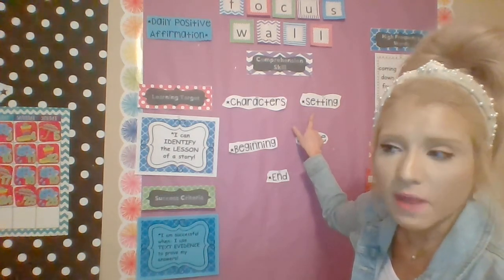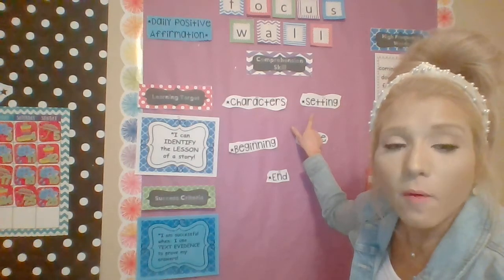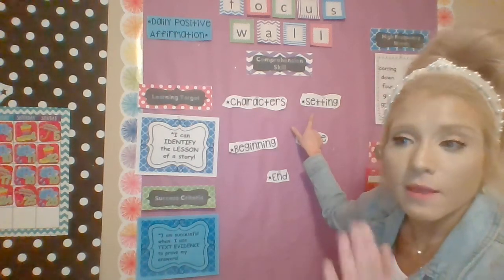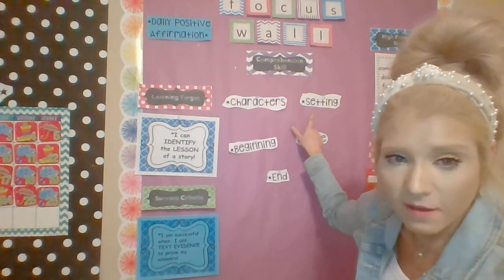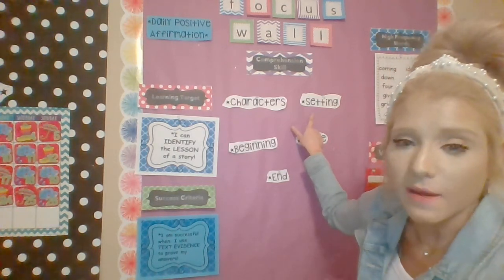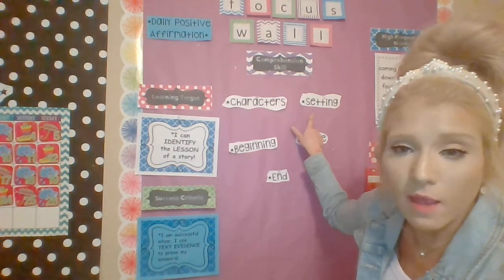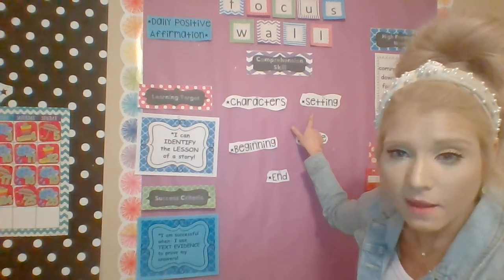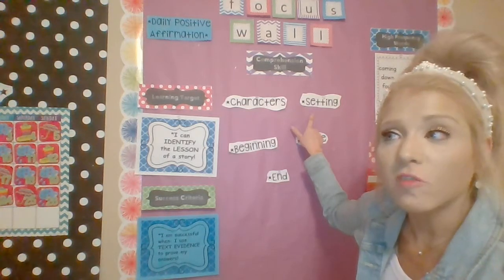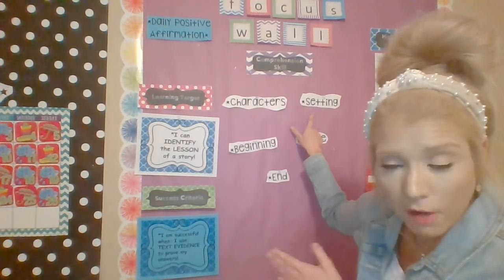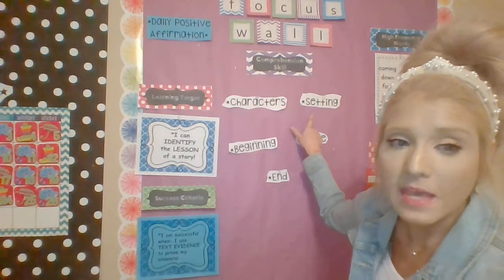They say, oh, it took place on the playground. But when? Was it the past, a long time ago? The present? That's a fancy way to say it's happening now. So if I told you a story about something that happened today, that'd be the present. It's happening now. Or did the story take place in the future? That means it didn't happen yet.